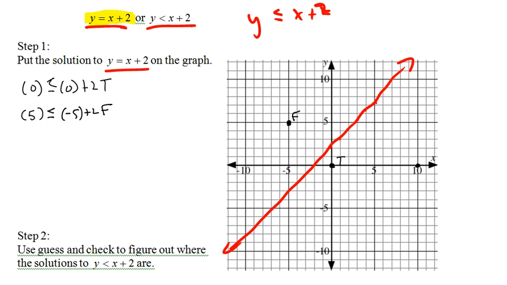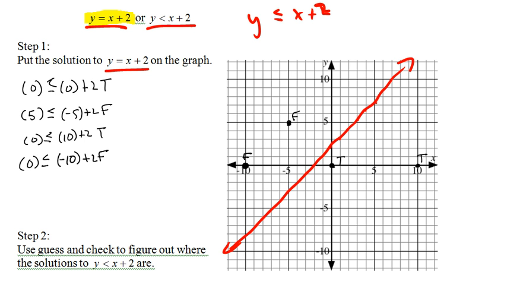Let's try this guy here, 10, 0. Ten is less than or equal to 12. That guy's true. So now we've got a line and 2 points. Let's go negative 10, 0. And we get 0 is less than or equal to negative 8, which is false.